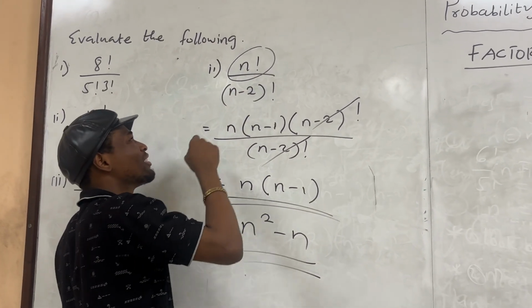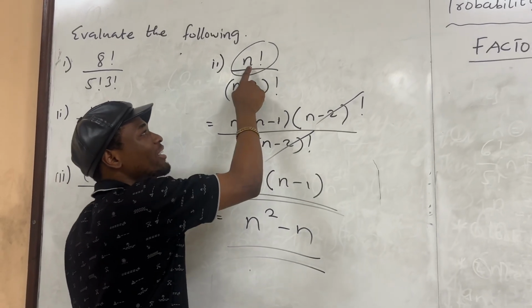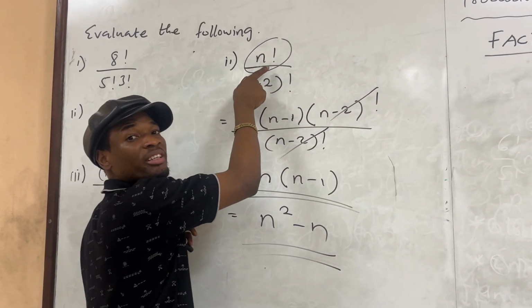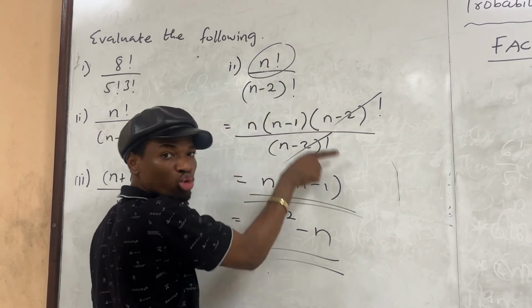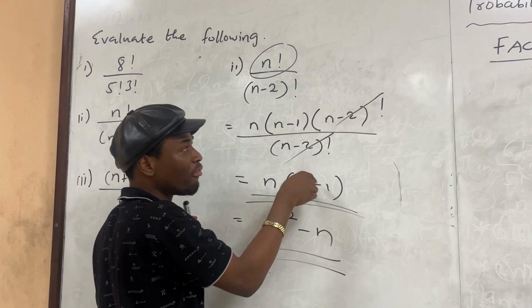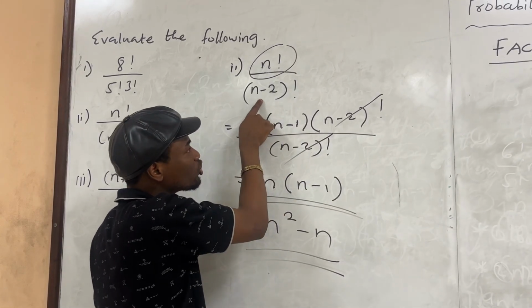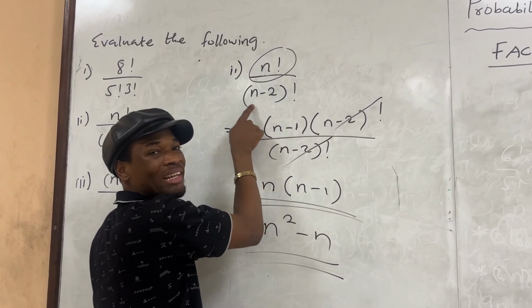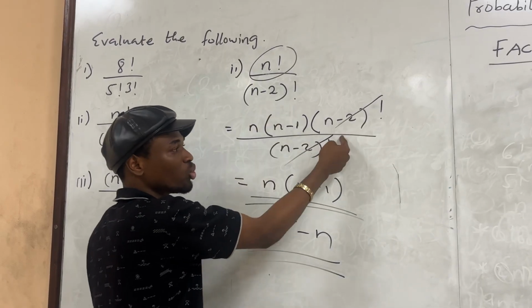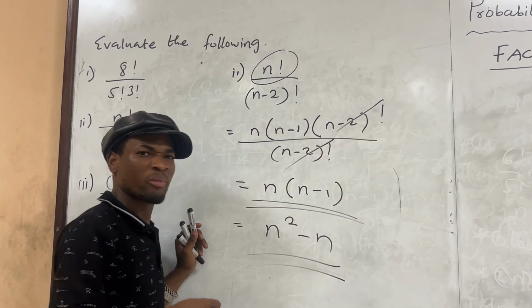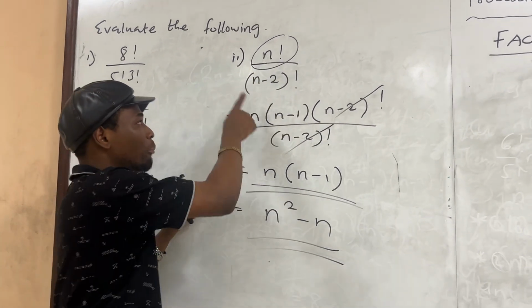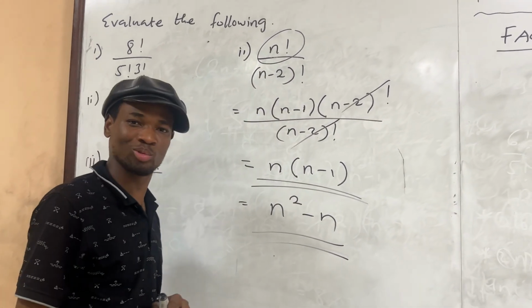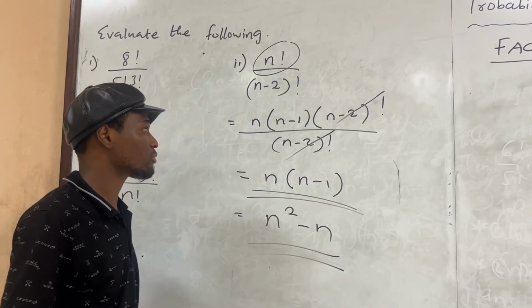Once you are able to identify the one with the higher factorial, that one will be reduced to a form in order for it to level with the lower one, so that you can do your cancellation. So therefore, n factorial is bigger than n minus 2 factorial.